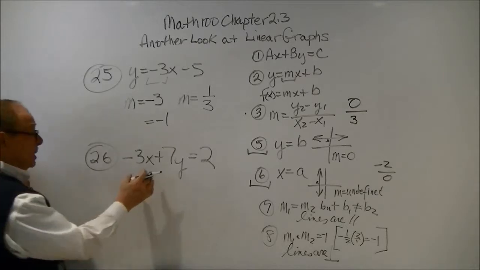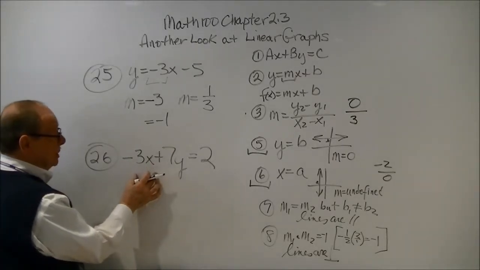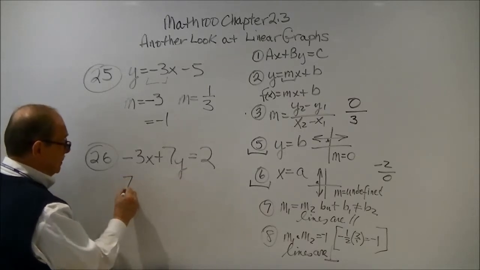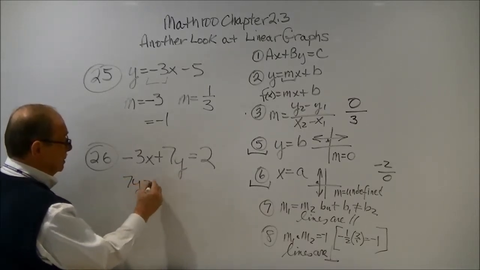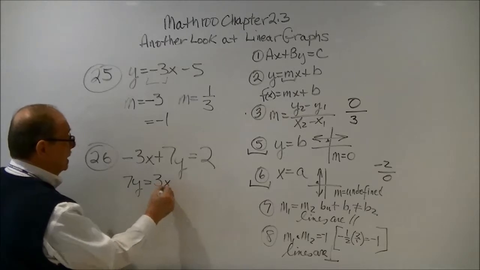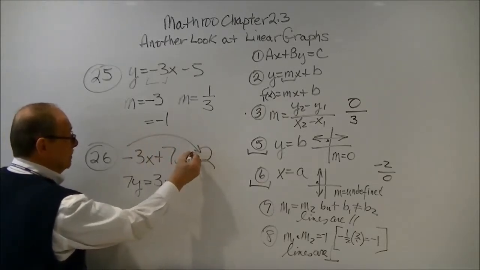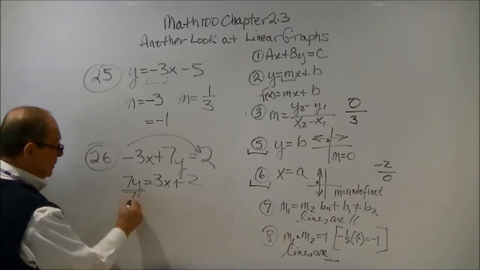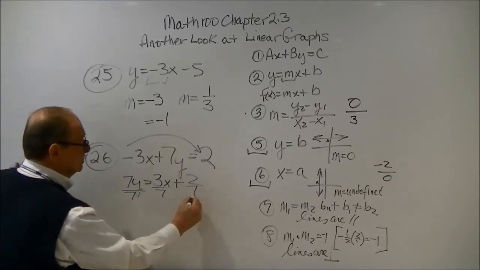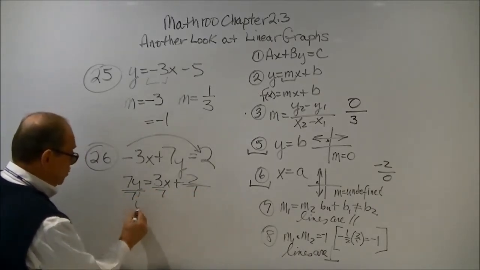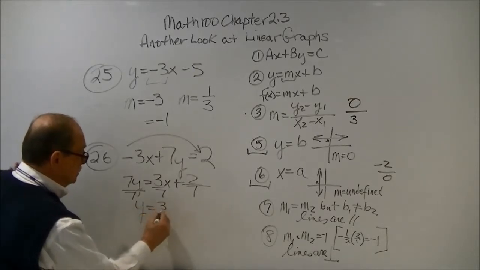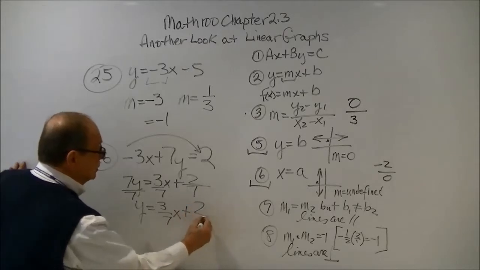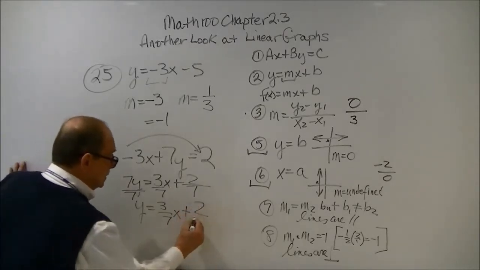Now, for this one, we have to find out what our slope is by solving for the letter y. So we have 7y equals 3x, as we transpose that, plus 2. And we divide everything by 7 now. And we get y equals 3/7 x plus 2/7.